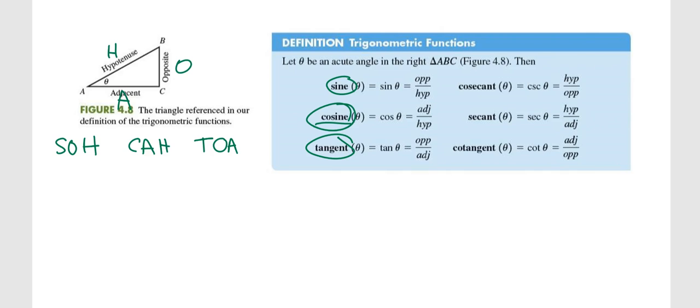There are 3 new trig functions in town. They are reciprocal trig functions. Can you remind me what a reciprocal is? You flip the fraction, right? So if I say 2/3, the reciprocal is 3/2. That's what you say at the dentist's office.